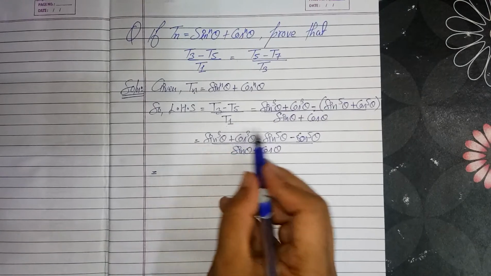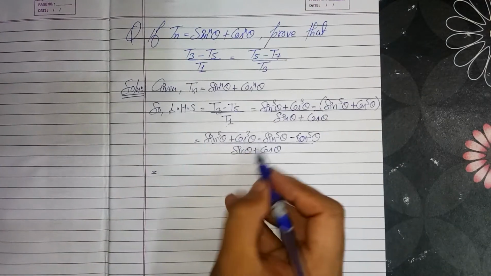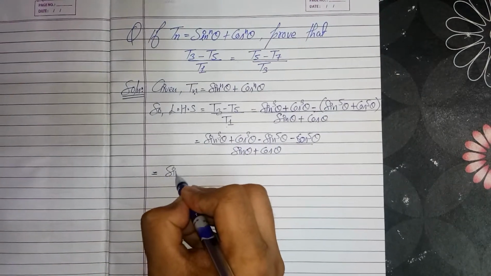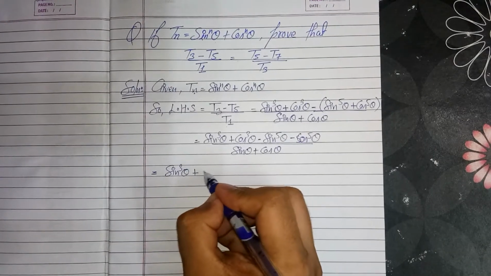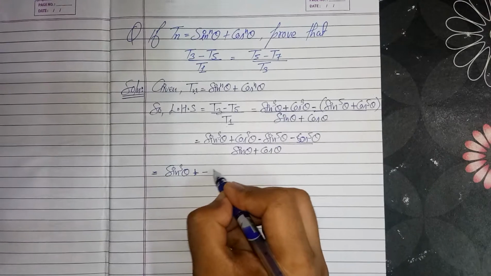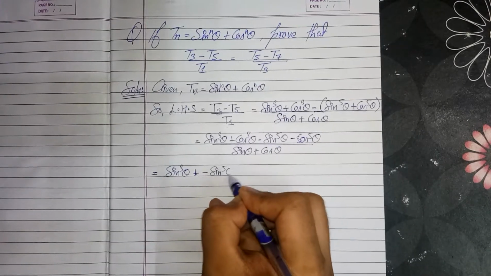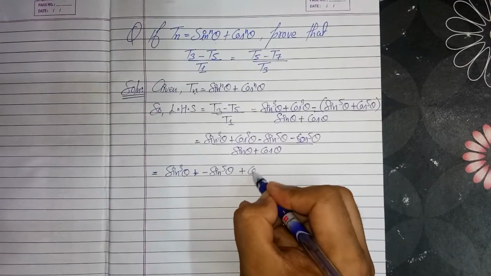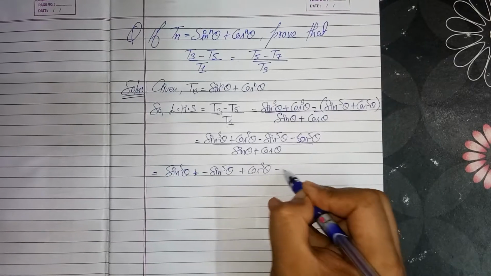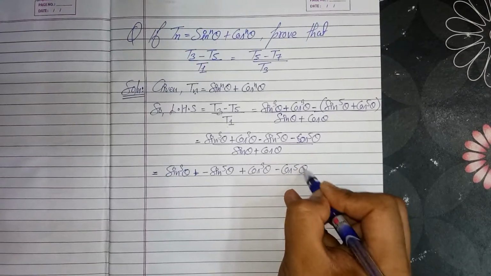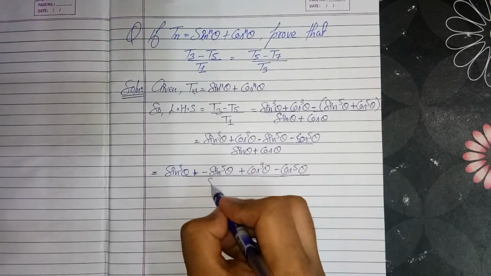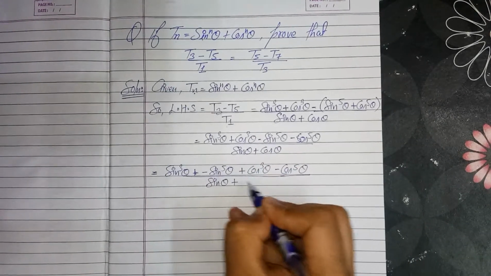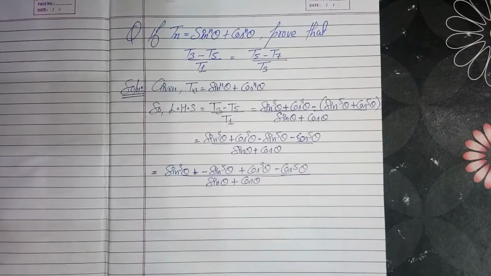Now just pair these two terms. This is sin cube theta minus sin 5 theta plus cos cube theta minus cos 5 theta, and this is whole divided by sin theta plus cos theta.